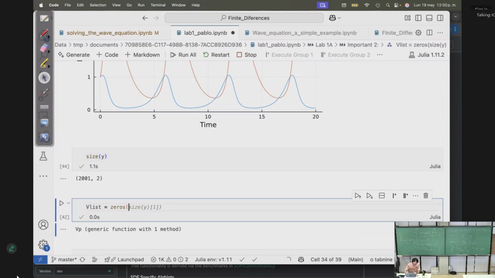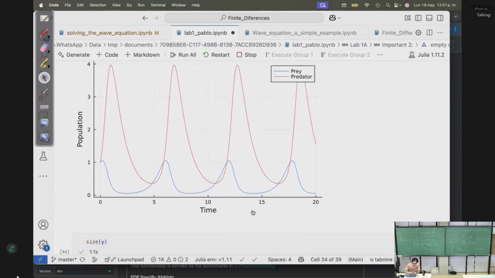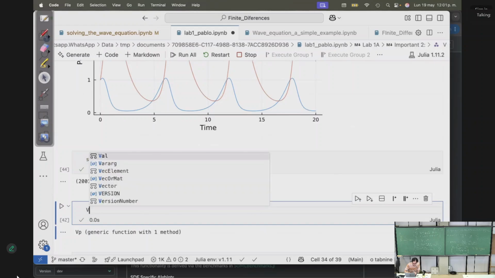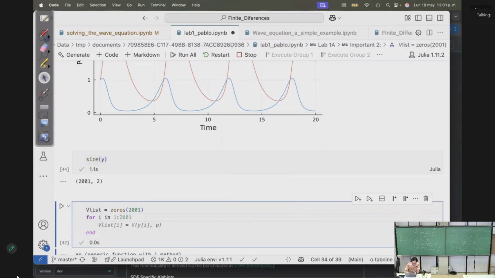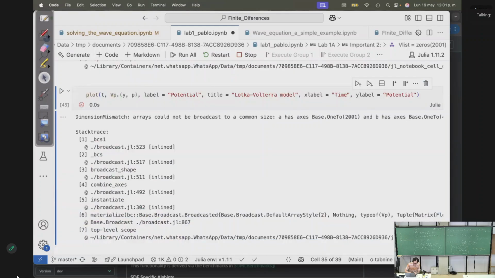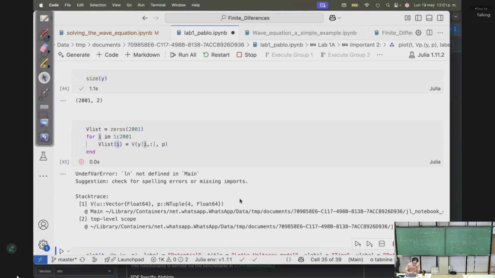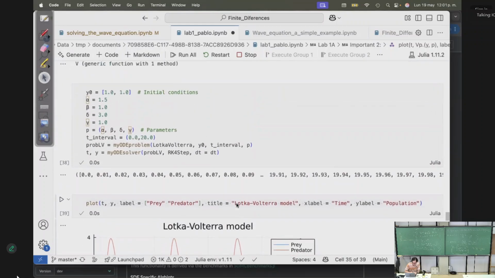I want to just plot the potential. Okay, values E equals B. Let's see if this works. Not ln, it is log, the function.